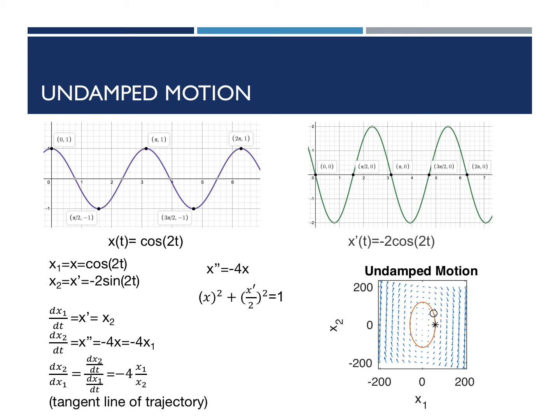We can see that when t equals 0, x1 equals 1 and x2 equals 0. So it is the spot where the tangent is infinity.